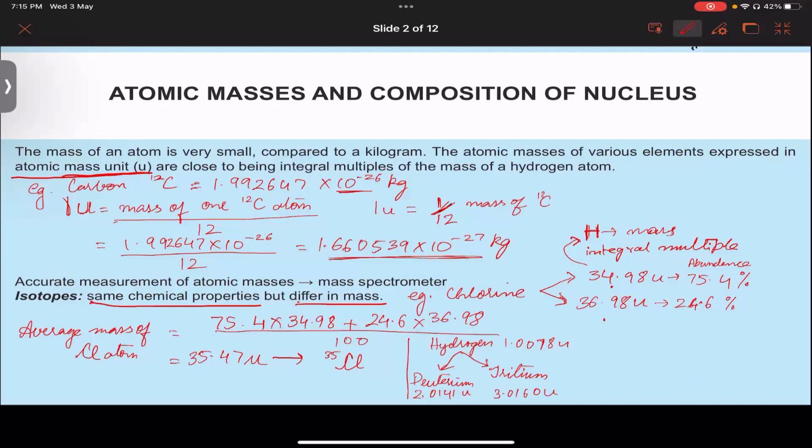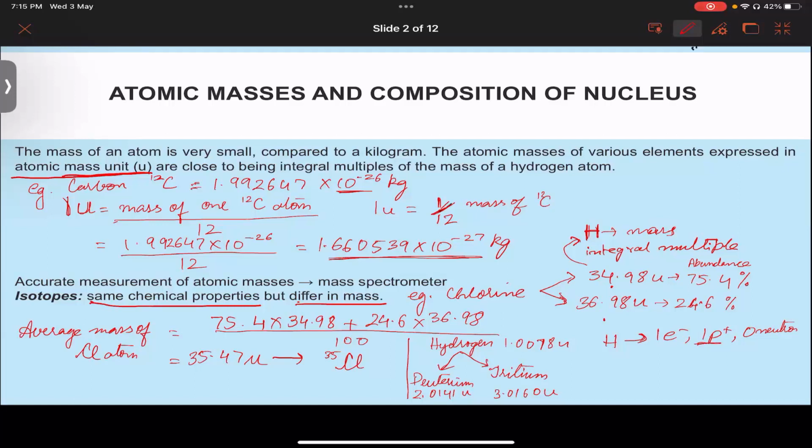If we consider hydrogen, H has one electron, one proton, and zero neutrons. We'll learn about neutrons later, but for now, just for understanding, we consider this. The nucleus of the hydrogen atom only has one proton.